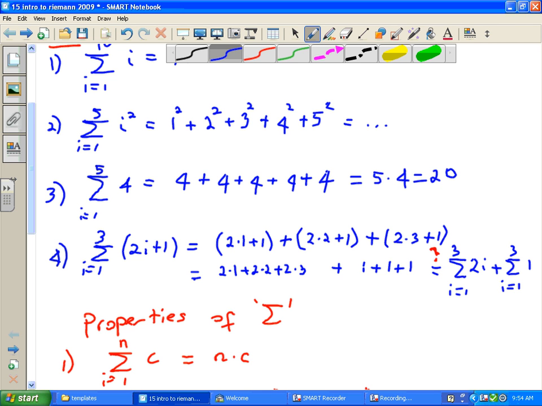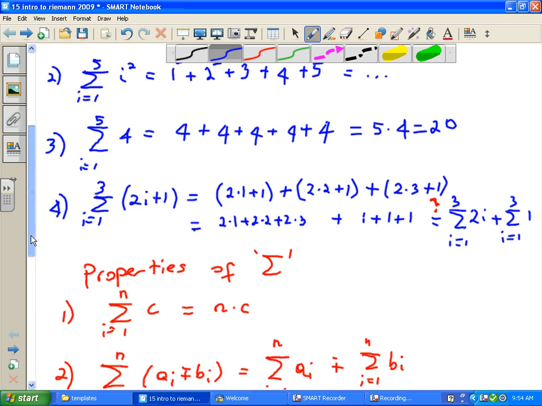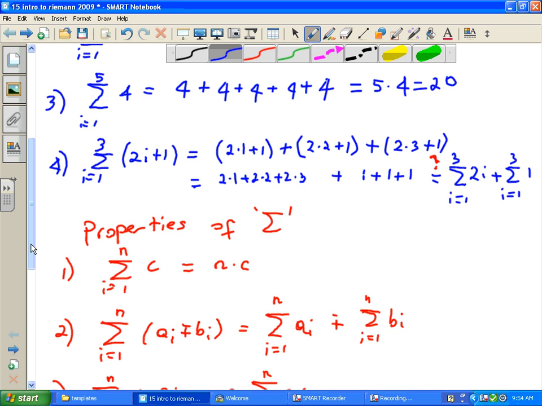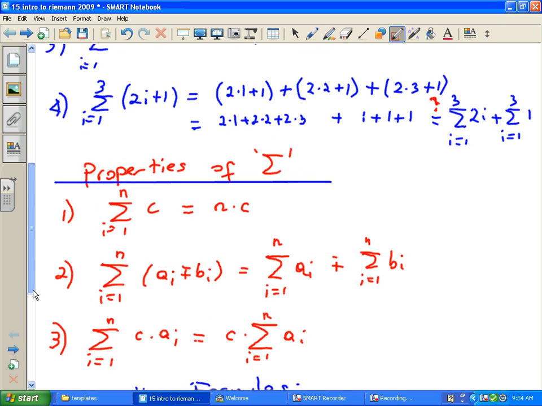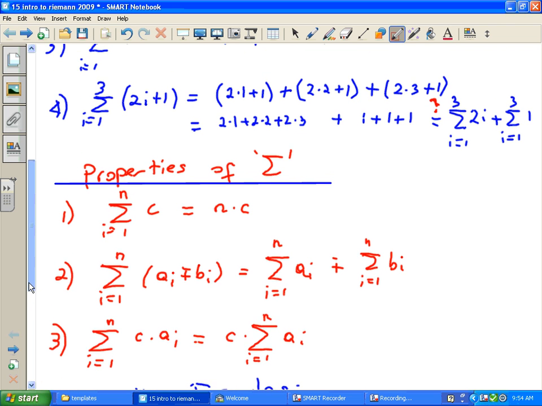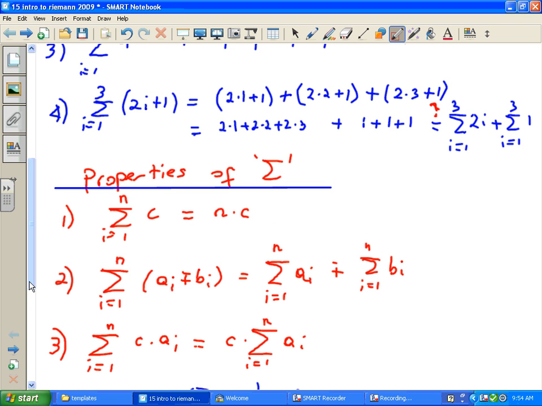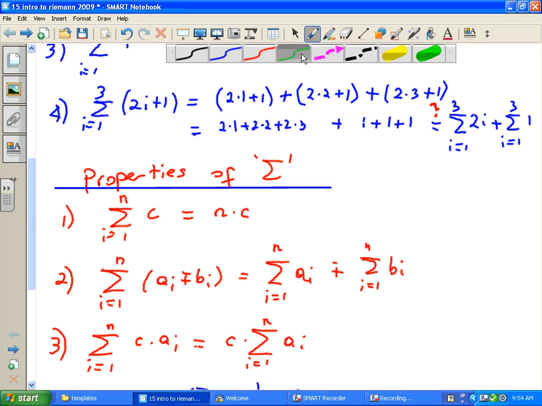So in general, then, we can break up a summation. If you have summation of A plus B, this is the summation of A plus the summation of B. And actually, the next properties of sigma are going to help us realize these concepts, or just reiterate them. So here are the 3 properties of sigma. Number 1, if you're just adding a constant, summation as I goes from 1 to n of C, we just talked about that one, right?